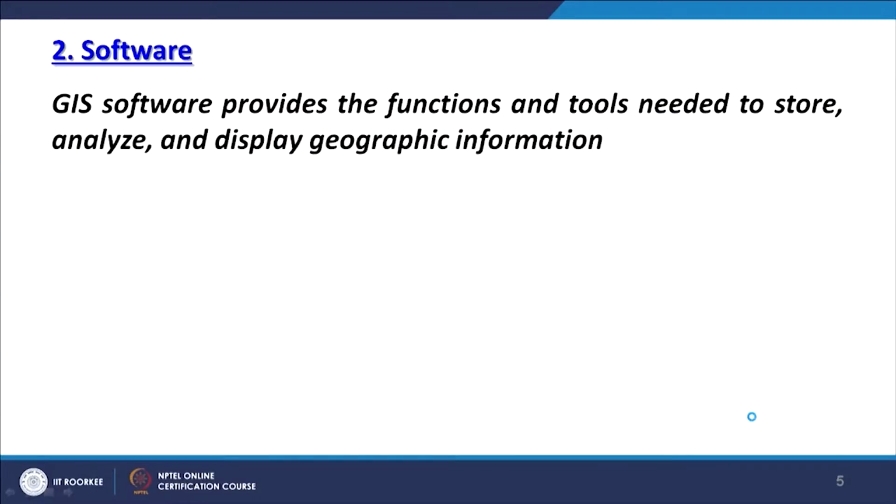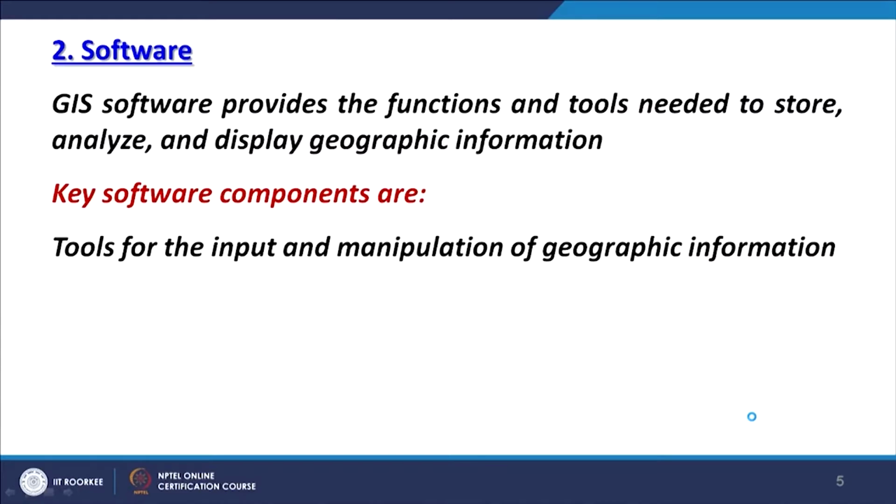So, the software is very much part of GIS, and GIS software provides the functions and tools required to organize the data, store the data efficiently, and of course analyze, model and display that data or that geographic information as per user-defined specification. So, software is equally important as your hardware.